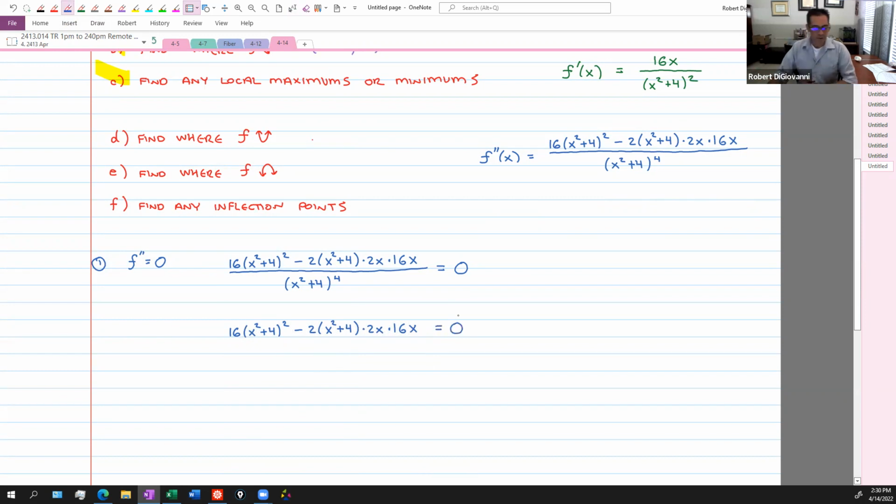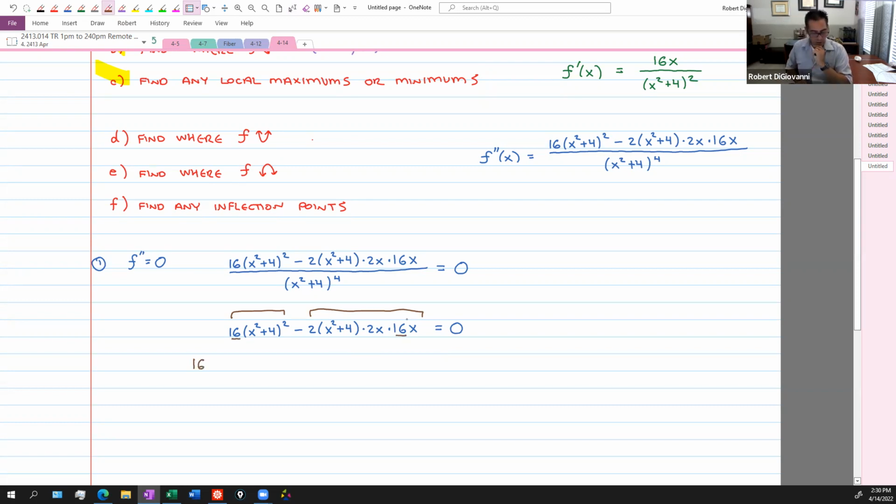Now I know that your instinct may be, let me just multiply all this out, which you could do, but there's something even better. And that is to look at this as being 2 different terms, like all of this minus all of that, and look at each of those pieces and try and find a GCF. So I see that they both have a 16, right? There's a 16 here and a 16 here.